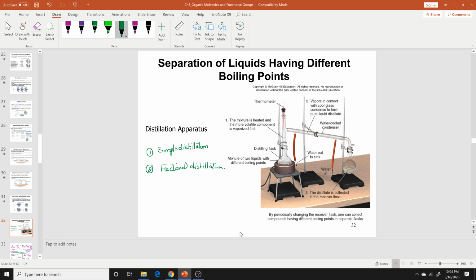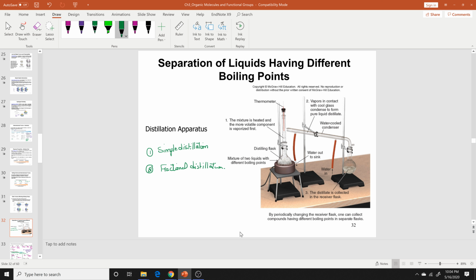So when you want to separate two liquids in distillation, one of them should have a lower boiling point than the other, and we prefer that the boiling points are not close to each other. Let's say, for example, one boils at 50 degrees and another one should boil probably at 75 or 80 degrees. Then you can easily separate those.